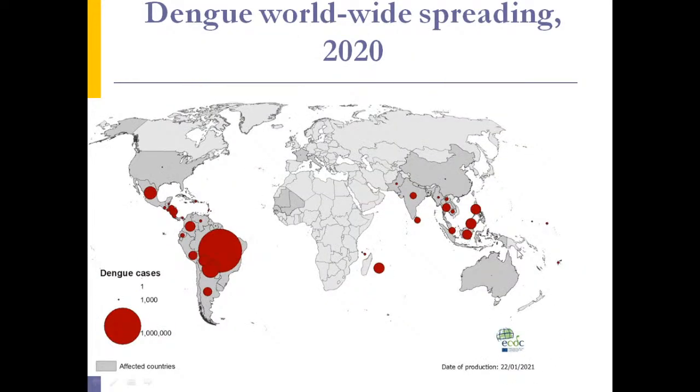What about spreading of dengue in the world? You can see that affected countries included in spreading of dengue are Brazil, Argentina, Peru, Canada, Mexico. Then these are Asian countries. I think that all students from India know about the disease.